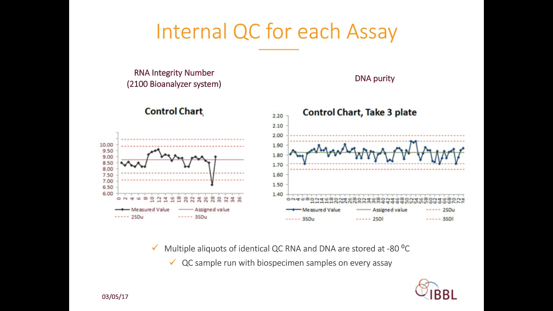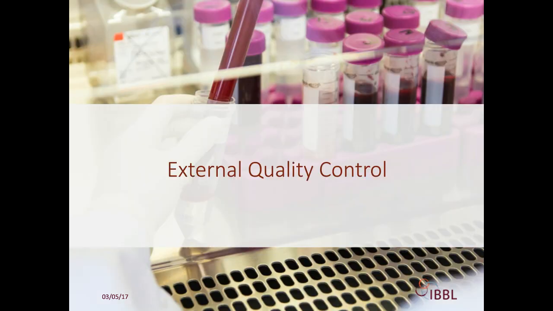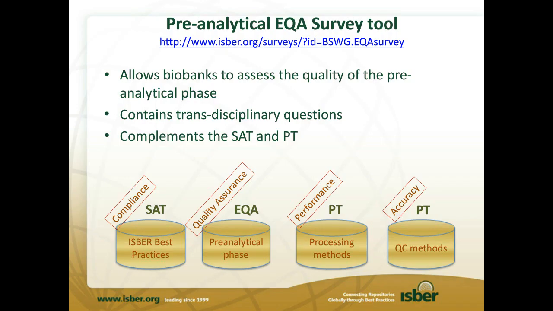External control. There are 3 types of external quality assurance. The first type are external quality assurance surveys that allow laboratories to assess the quality of their pre-analytical phase through specific questionnaires. An example of such a tool has been developed again by the ISBER and is available online.